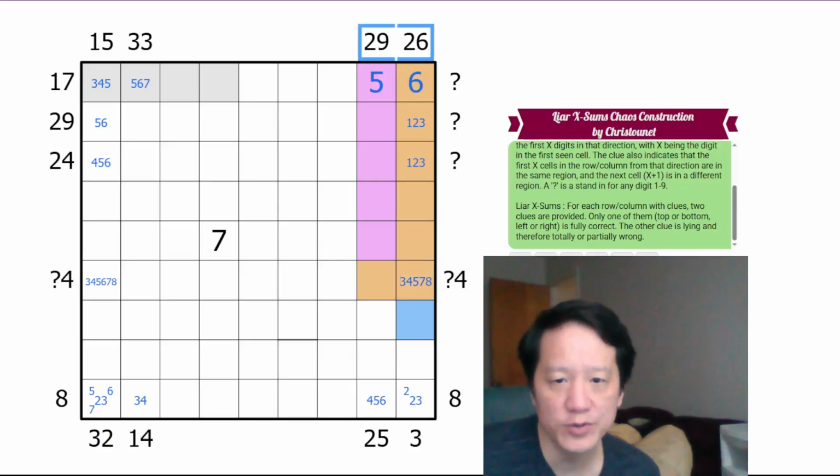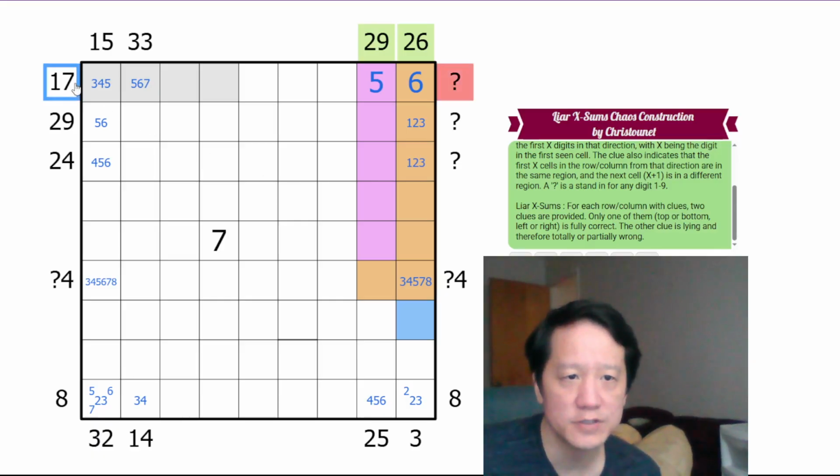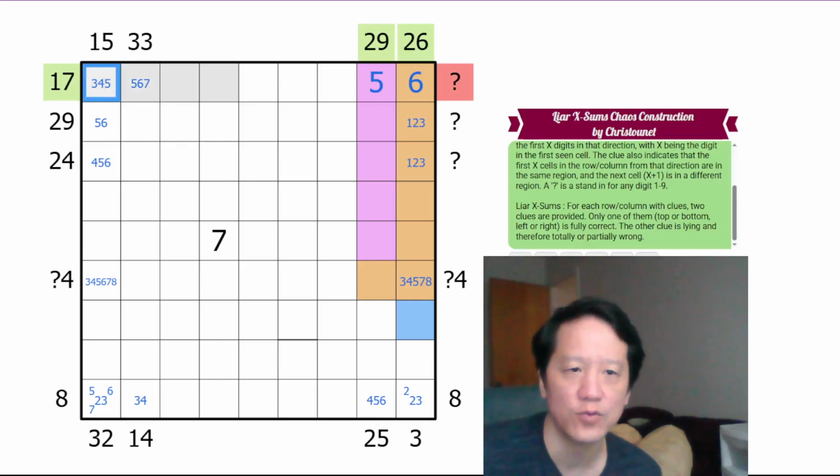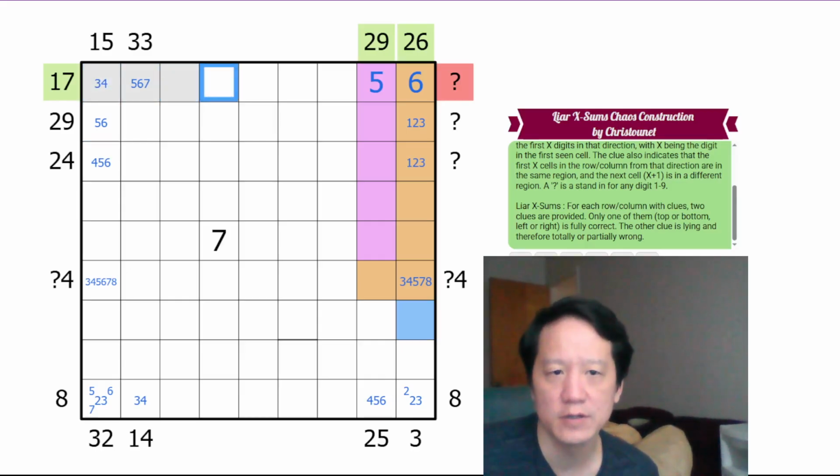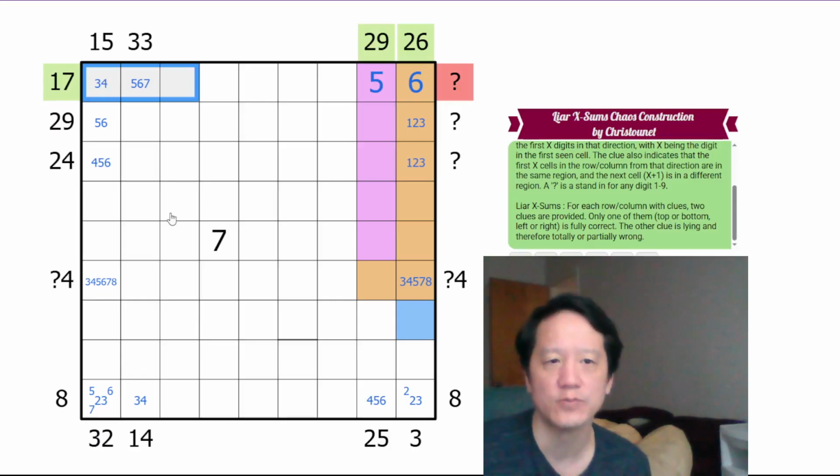So we're assuming both of these are truthful. This has to be a lie, which means this is truthful. So this adds up to 17. This cannot be 5. Well, we don't even know. This has to be truthful, so it's 3 or 4. It could just be, yeah, this is blank. So we know these 3 are the same region.